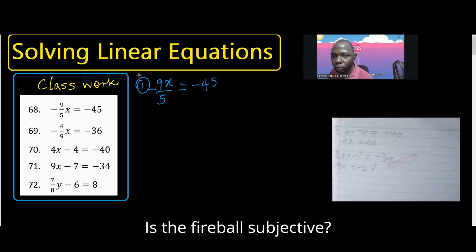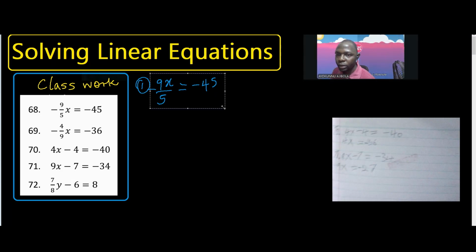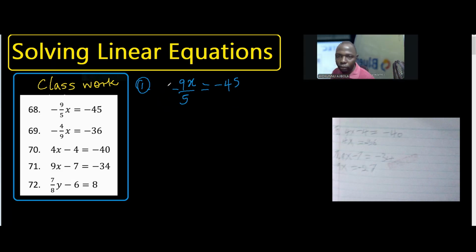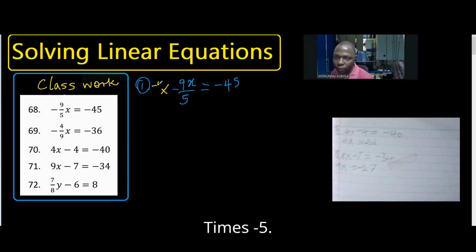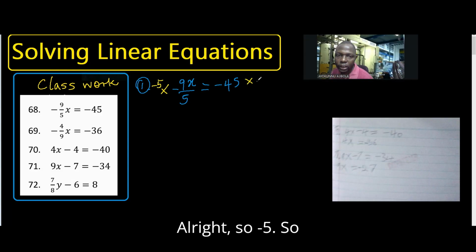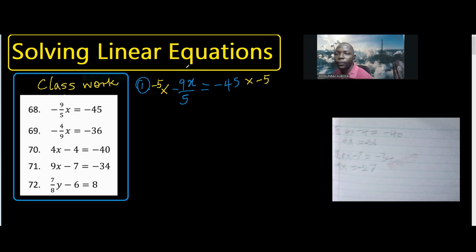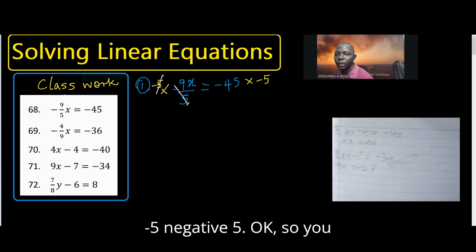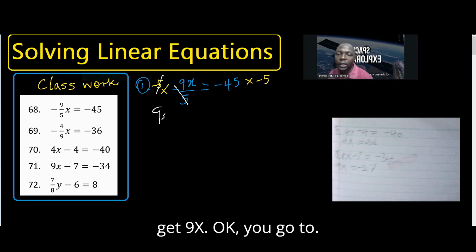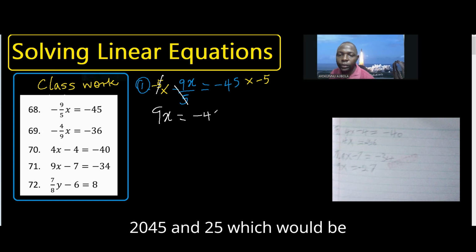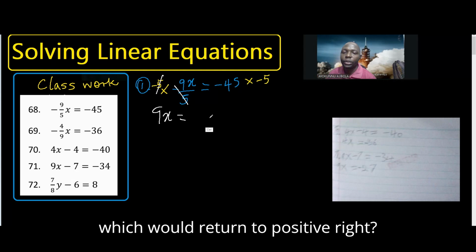So I'll put negative 5 on both sides, times negative 5 times negative 5. So what will happen on the left side? Negative 5 will cancel negative 5, so you get 9x equal to negative 45 times negative 5, which will return to positive, right?